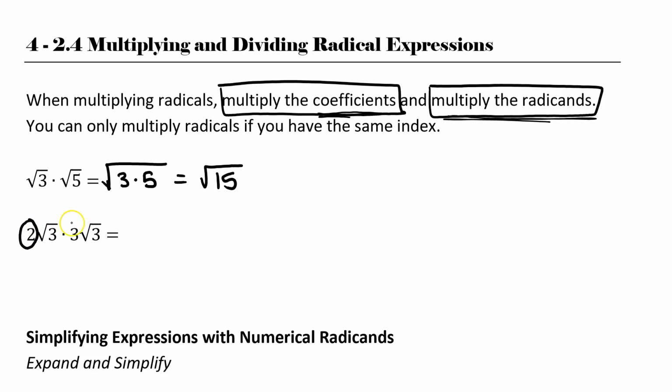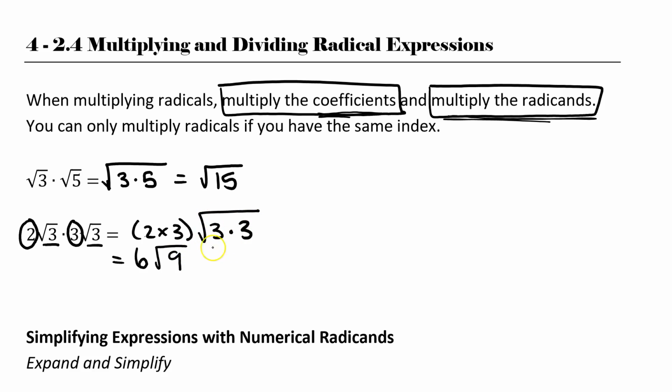So in the case of having a coefficient and a radical, we multiply the coefficients first, 2 times 3. And then we multiply what's underneath the radicals, or we multiply the radicands. That's the better way of saying it. So then I have 2 times 3, which is 6, times root 3 times 3, which is 9.